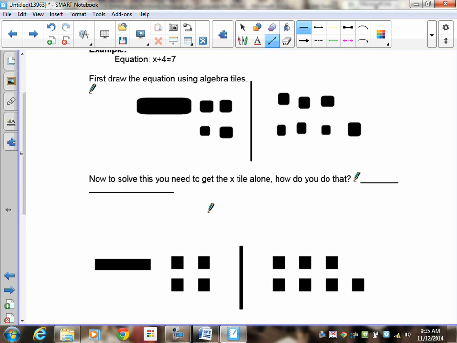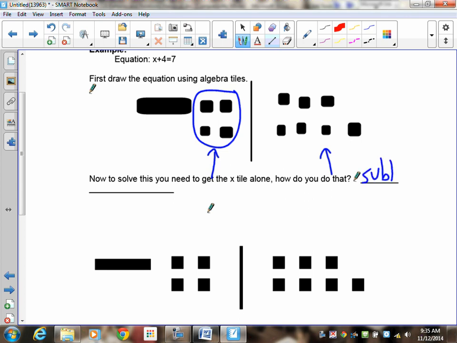In order to get the x alone, I have to take these 4, and they've got to be subtracted. So I'm going to subtract them from the left-hand side. Now, whatever you subtract from the left-hand side, remember our rule, you have to do the same thing to the right-hand side. So, to solve this, we're going to subtract 4 from each side.